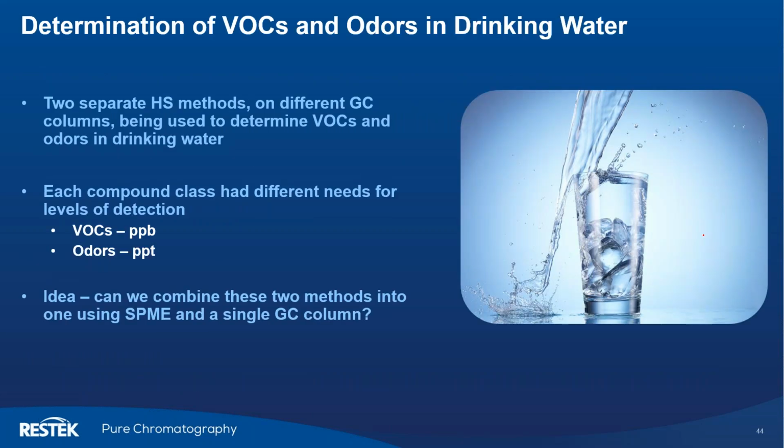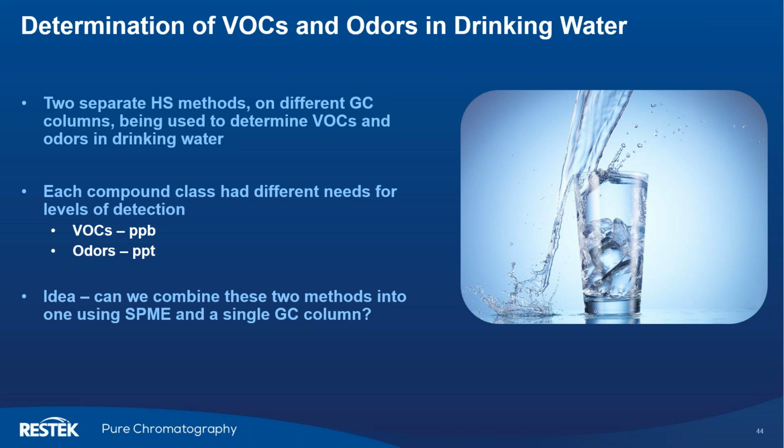Now, the next method that I want to quickly go over is a recent application development, which is the determination of volatile organic compounds and odors in drinking water. These were two separate headspace methods using two different GC columns. The idea here was, can we combine each of these methods into one on one GC phase, and also use SPME as an effective extraction and sample introduction device.